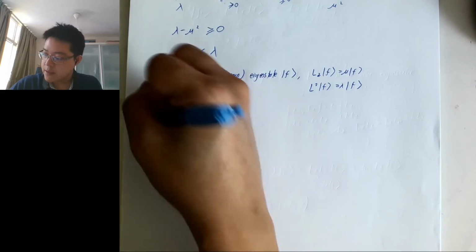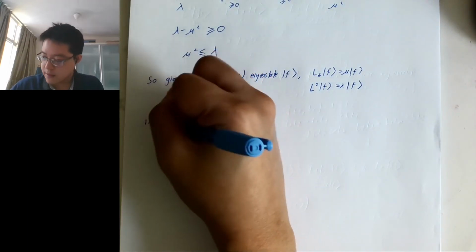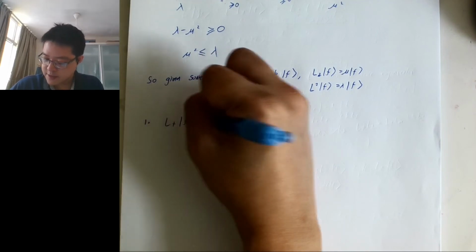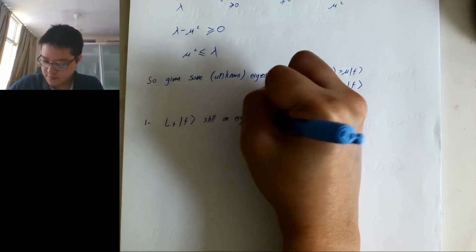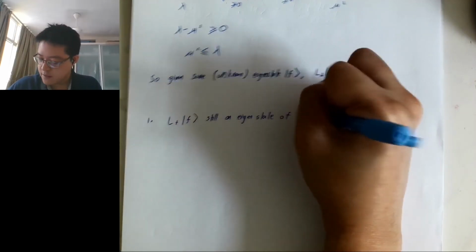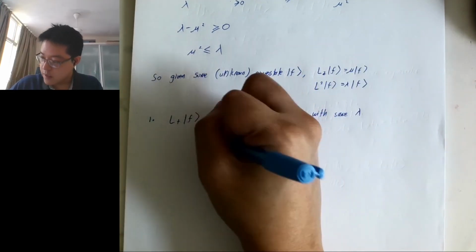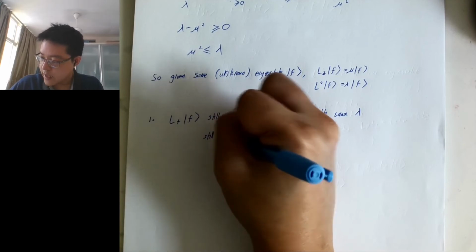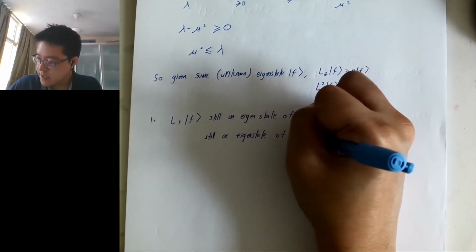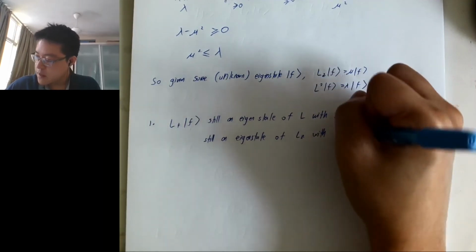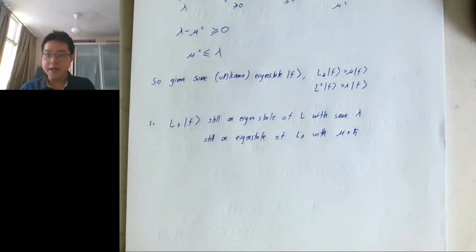The clues that we have so far: L plus operating on this is still an eigenstate of L squared with the same lambda, and is still an eigenstate of Lz, but the eigenvalue now increases by h bar.